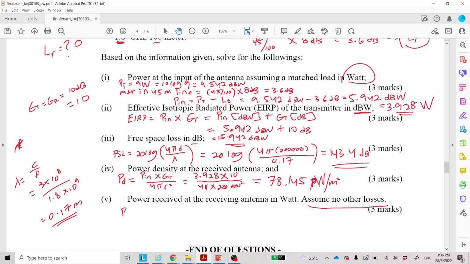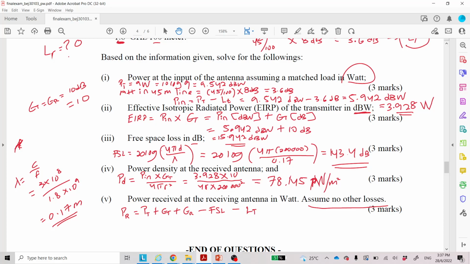So what you can do is like this. Power received is equal to P from the transmitter, plus GT plus GR. Remember, all of this in terms of decibel, minus all the losses, which is the FSL minus the LT.